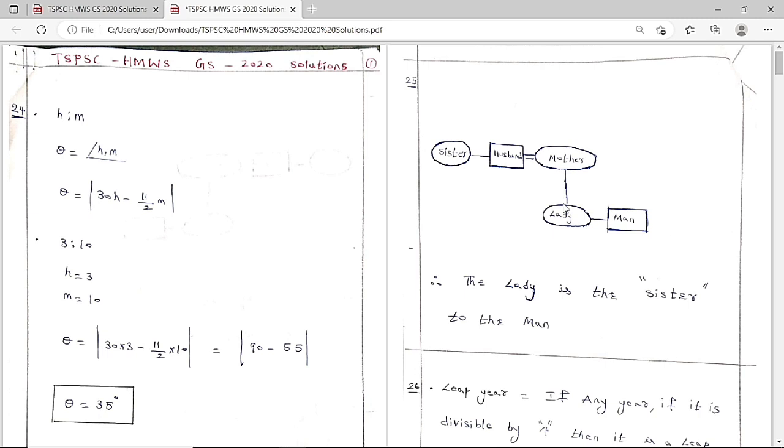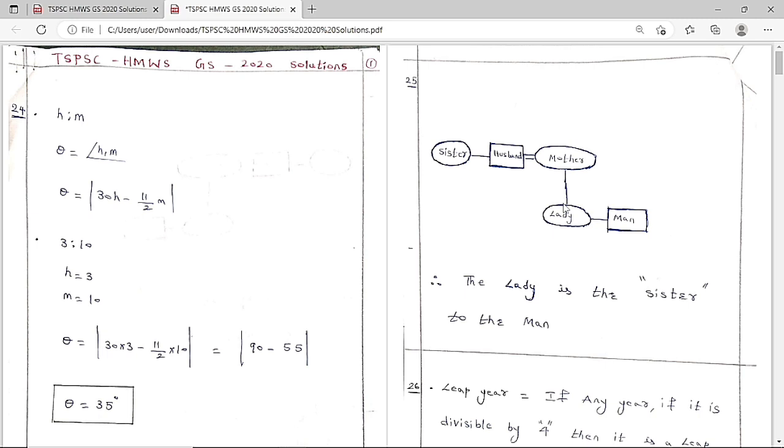So your mother's husband's only sister is my aunt. So basically, this man is telling this lady that your mother's husband's sister is my aunt. How is this lady related to the man? We need to figure out.